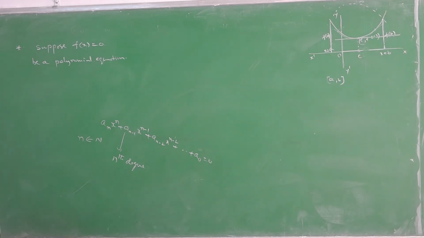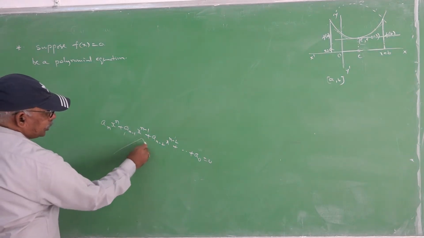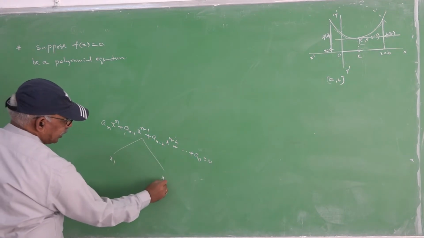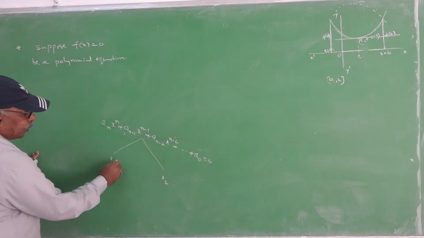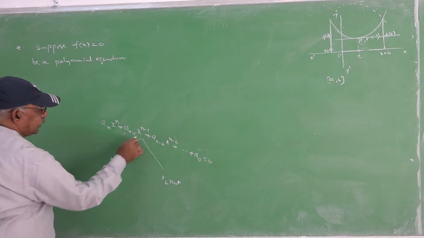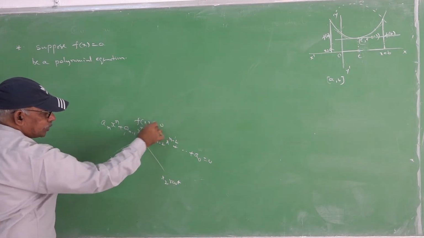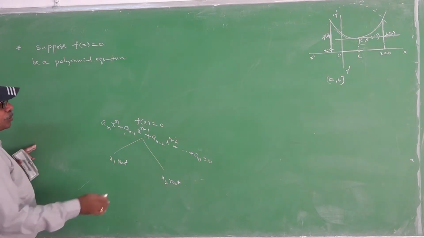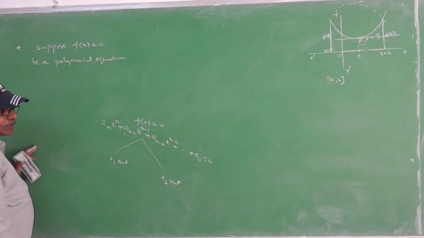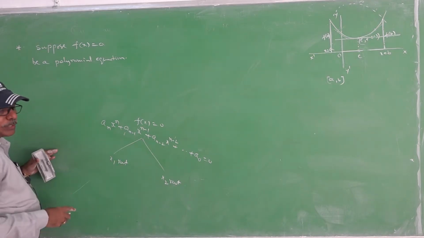Suppose this nth degree polynomial equation has two real roots, namely x1 and x2. x1 is one root and x2 is another root. Let us take this as f(x) equal to 0, a polynomial equation such that x1 and x2 are two roots of that equation.